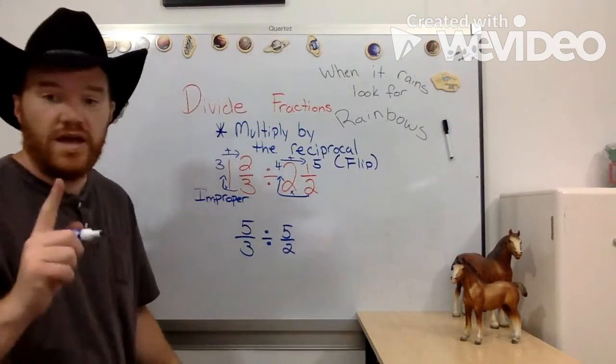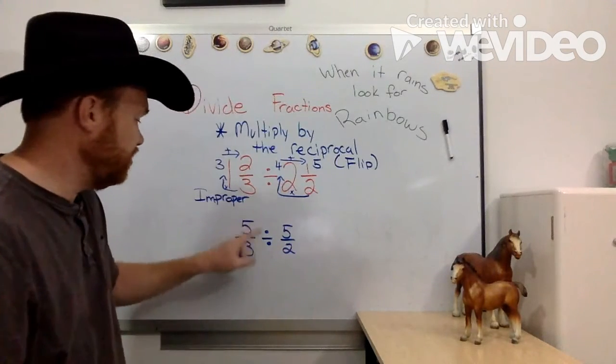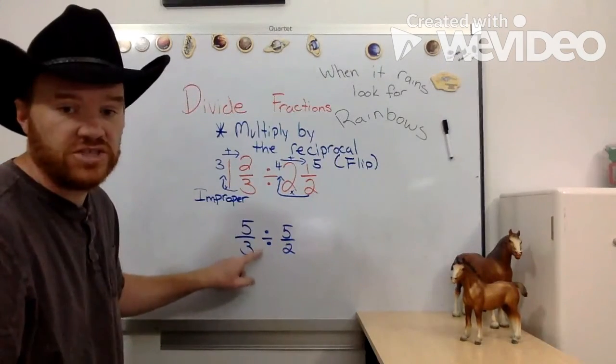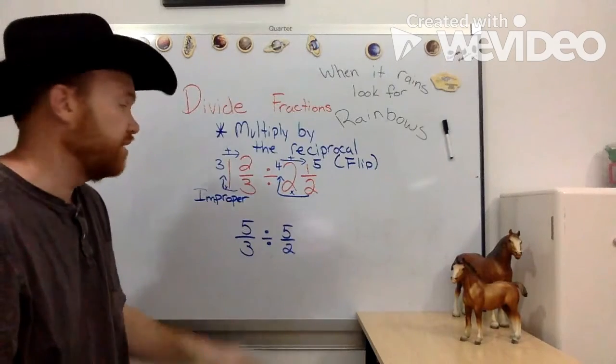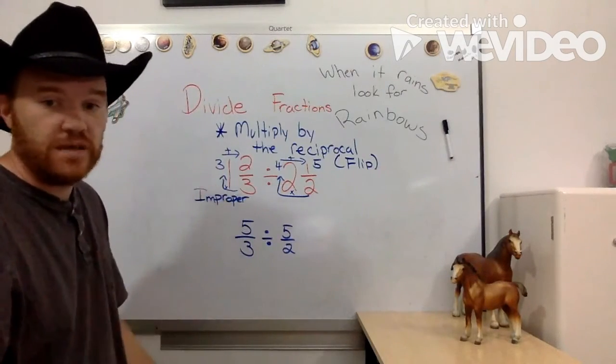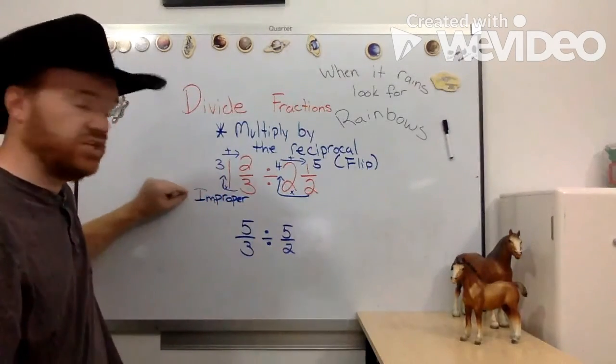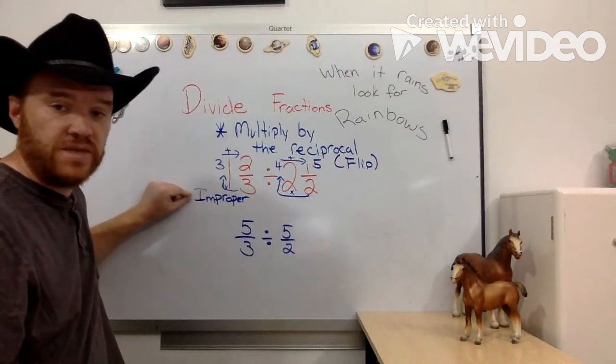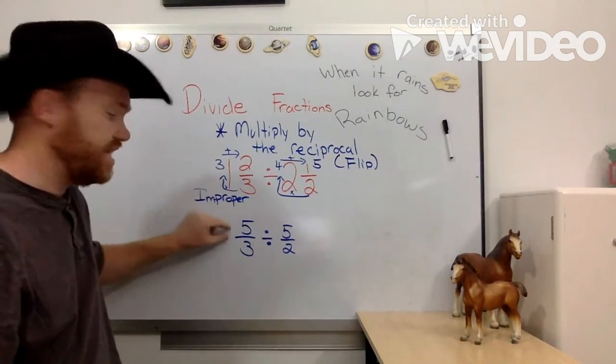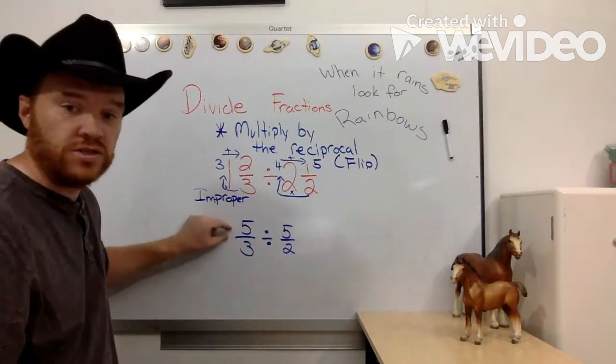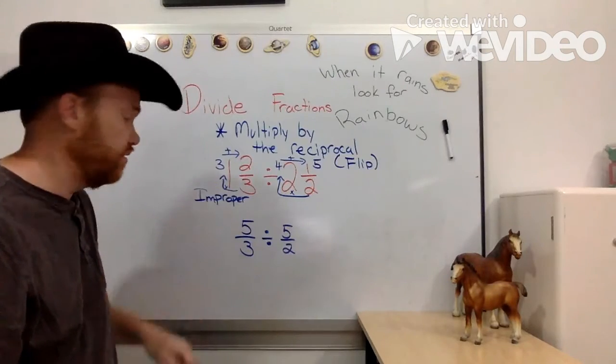Now, I know what you might be saying. Mr. Heineman, you did not change this division sign. I did that on purpose because I don't want to get my steps mixed up. My first step is just to make these improper fractions. Now I'm going to do my keep, change, flip.